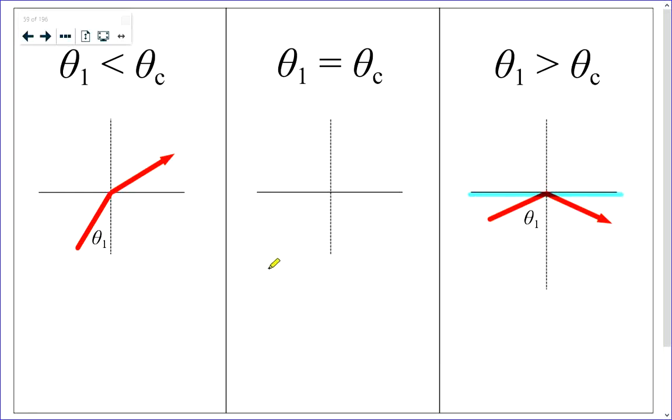If the light is going from water at the bottom to air at the top, the light reflects 100% back into the water, and that's why we call it total internal reflection. If theta 1 is exactly equal to the critical angle, then in principle neither refraction nor reflection occurs, but the beam of light is bent along the interface. And that's why we have 90 degrees for theta 2 when theta 1 is the critical angle.